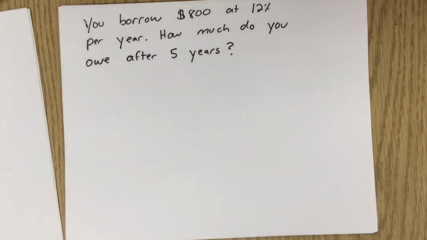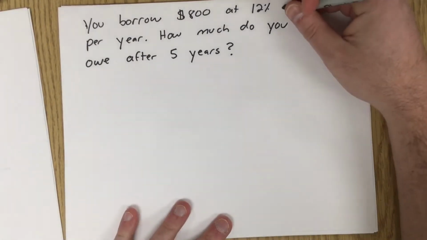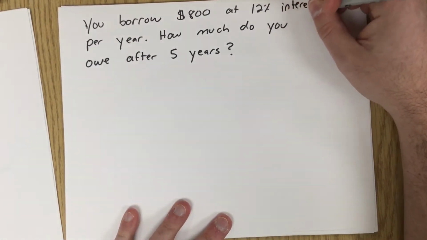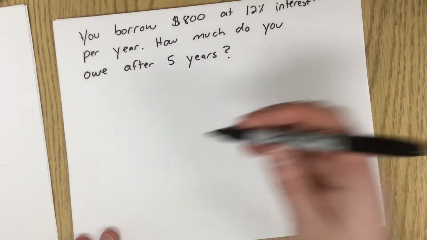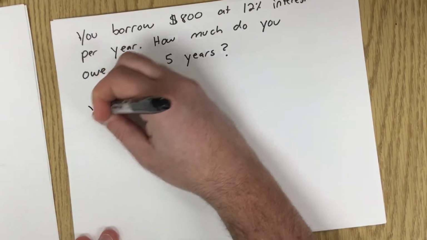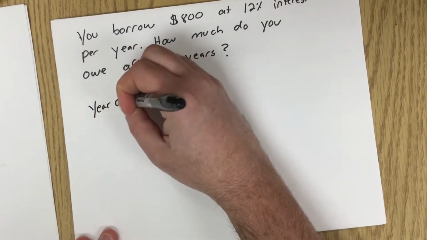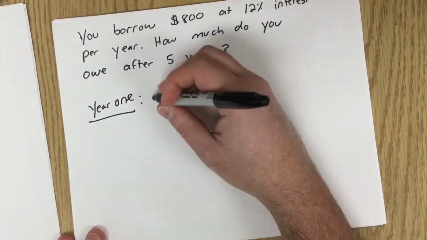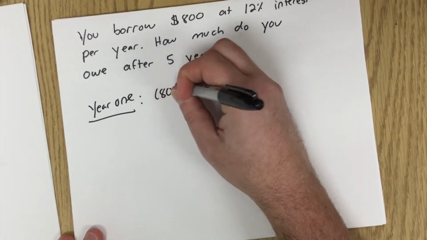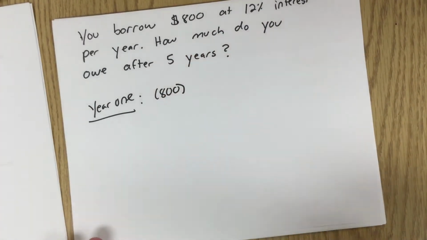So let's say you borrow $800 at 12% interest per year. How much will you owe after 5 years? So, after year 1, you borrowed $800, and now you owe an extra 12% interest.